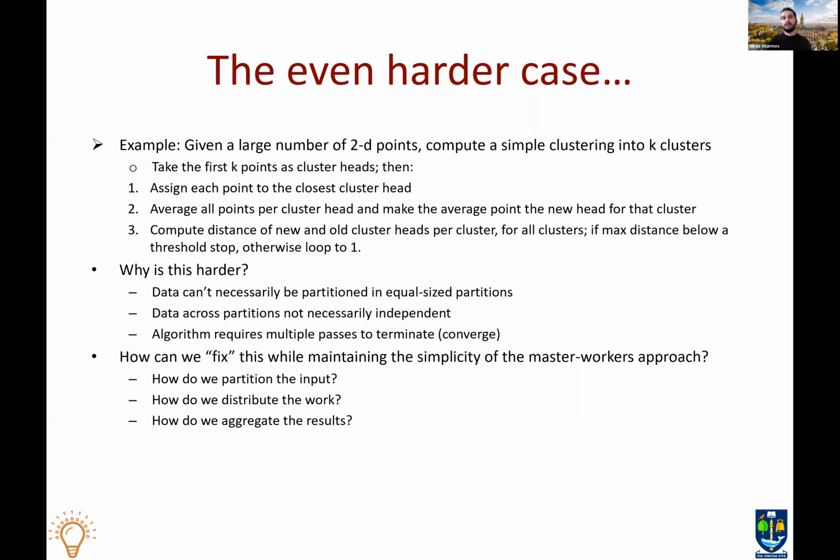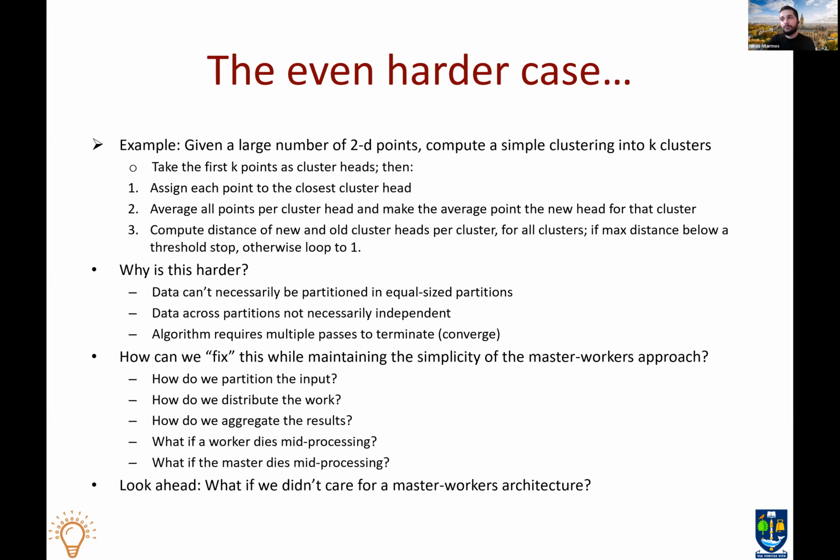But to compute step 3, we need to aggregate over the aggregates to compute the new cluster heads and the new distances. So this becomes somewhat more complicated still. And again, we need to solve all of the problems of what if the worker dies, what if the master dies, and so on.